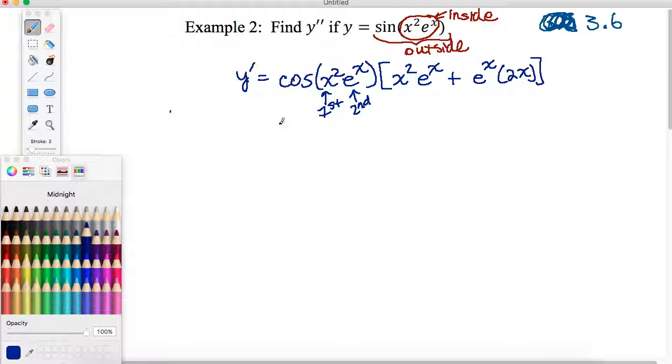And so my y prime is cosine of the quantity x squared times e to the x, and then I multiply that cosine function by x squared e to the x plus 2x e to the x. And so that's the first derivative. Now I can do some things, like for instance, I can factor out an x times e to the x.